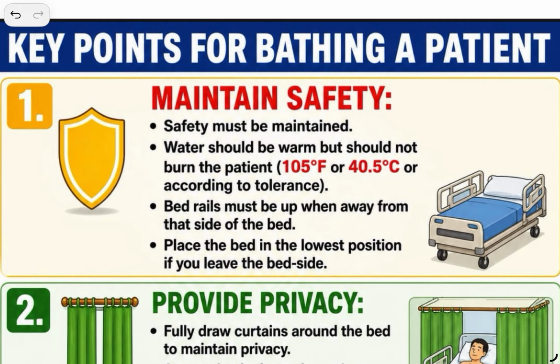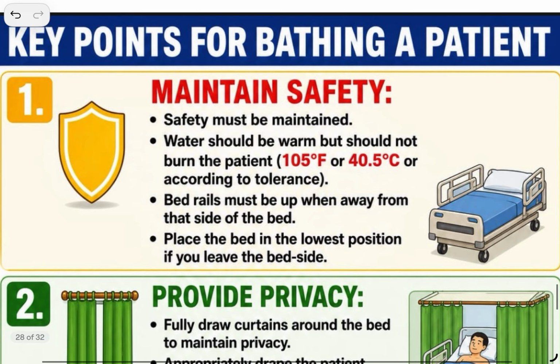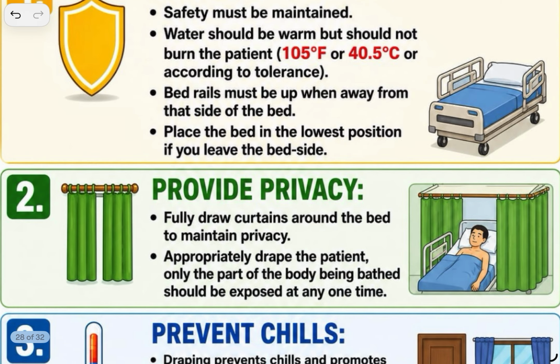Next one, bed rails must be up when away from the side of the bed. If you take the patient away, at that time you should raise the bed rails. Next one is, place the bed in the lowest position if you leave the patient from the bedside, right? Are you understanding?